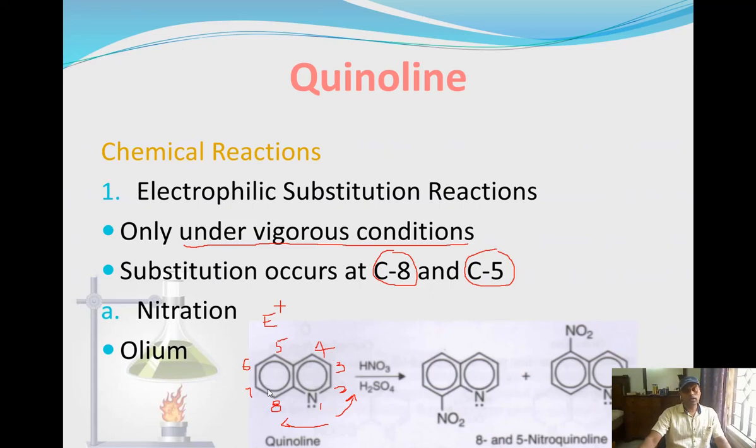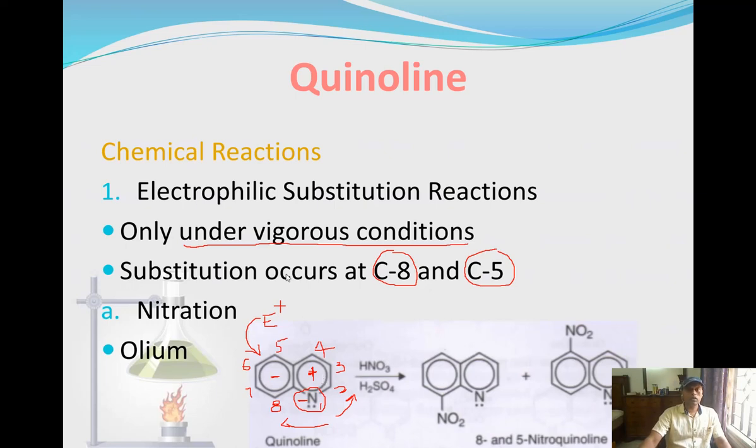And here, this is more negative. This ring is a little positive because there is electronegative nitrogen here, right? More of the electrons will be towards this nitrogen. That's why the positivity of this ring gets exposed. That's why the electrophile is going to attack the benzene ring rather than the pyridine ring, right?